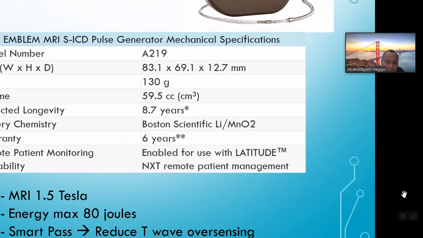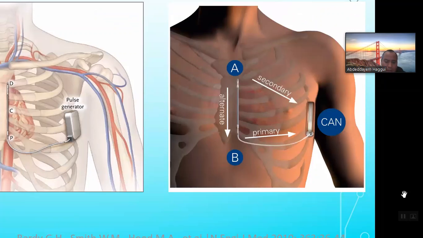SmartPass is a high-pass filter designed to reduce T-wave oversensing, to help ensure patients receive appropriate device therapy when needed by enhancing the InSight algorithm, and the AF Monitor is a new detection tool designed to alert physicians of silent or new onset atrial fibrillation. This is a schematic representation of the position of the can and the lead.